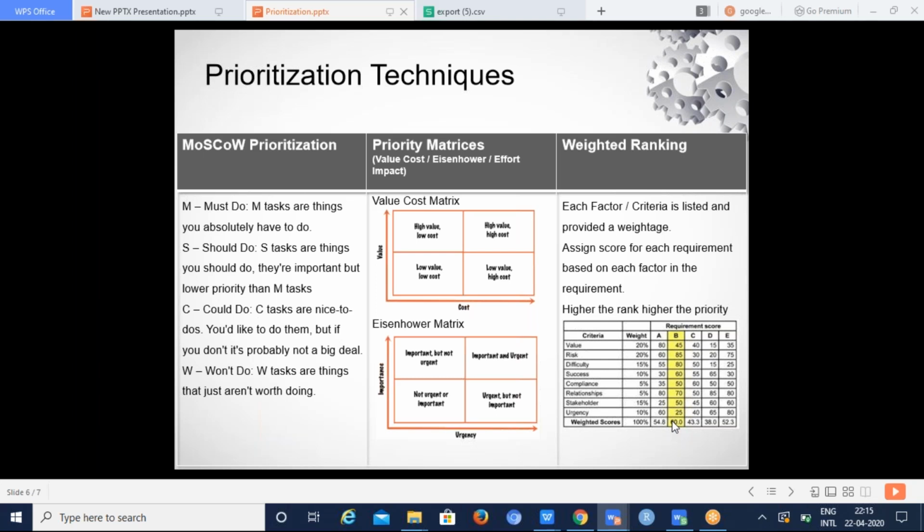So once we go over the analysis and have data points ready on which item is going to add maximum value to the company, irrespective of whether it adds value to other stakeholders or not, we will implement the item which adds maximum value to the company. And once we get back to them with the data points, I'm pretty sure that none of the stakeholders is going to object.